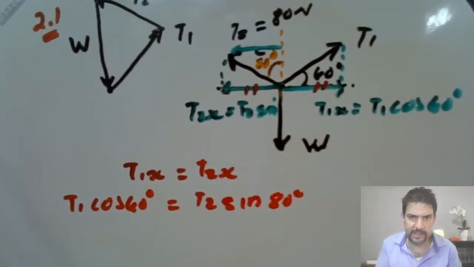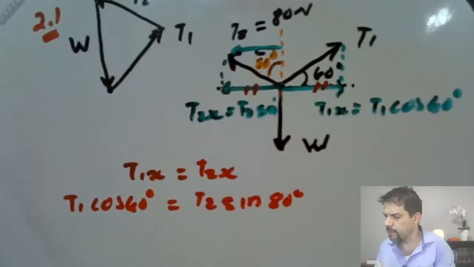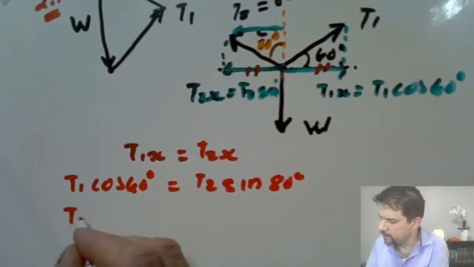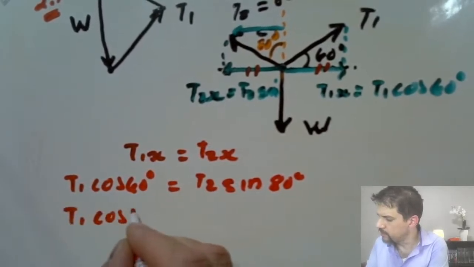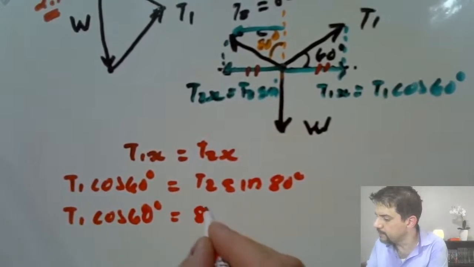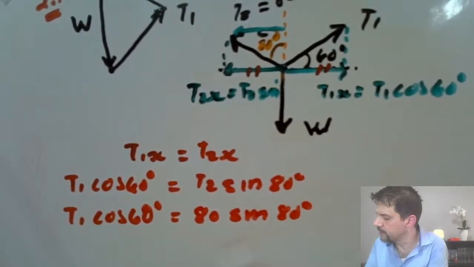Let's make sure it's 80 degrees. Always re-look at the question. If you don't remember like me, it's 80 degrees, yes. And then you substitute numbers. T1 multiplied by cos of 60 degrees is equal to T2, which we know is 80 Newton, multiplied by sine of 80 degrees.